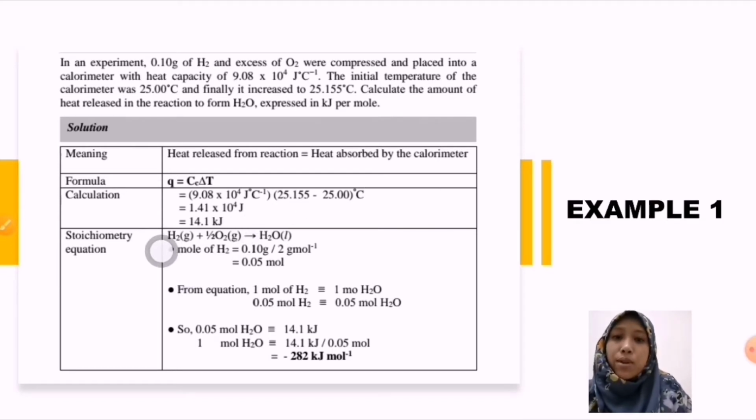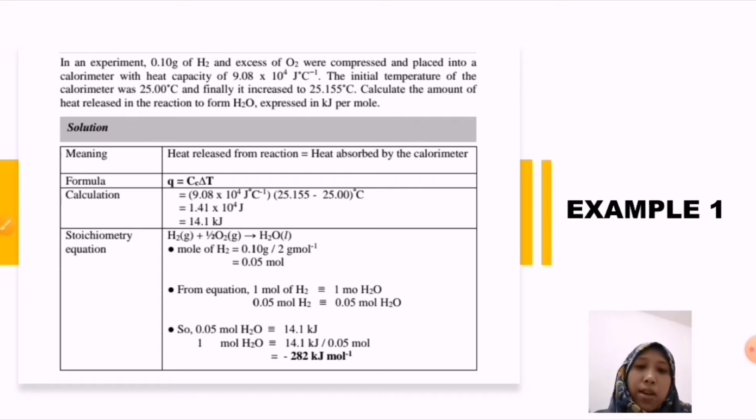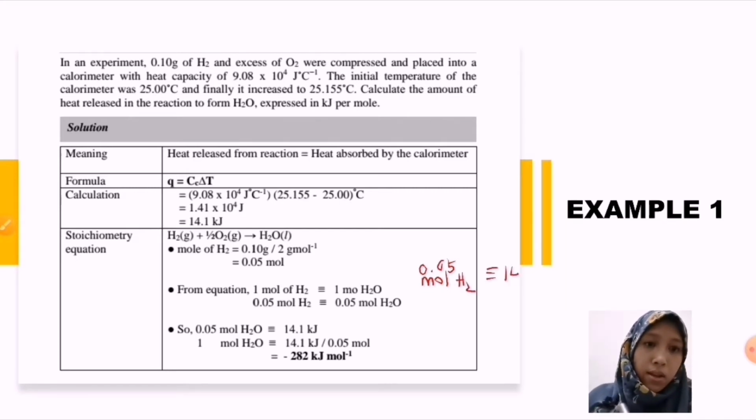The next one, okay, you have to write balanced chemical equation. Find the number of mole of hydrogen. Okay, so sepatutnya dekat sini daripada mol hydrogen ni, okay, so 0.05 mol H2, so it will release 14.1 kilojoule heat.